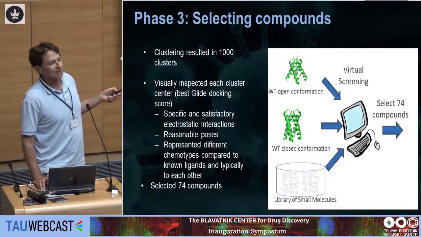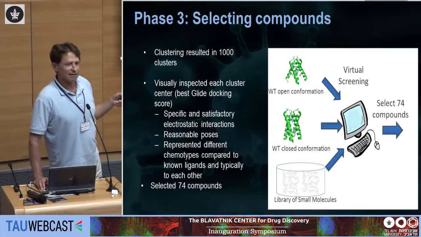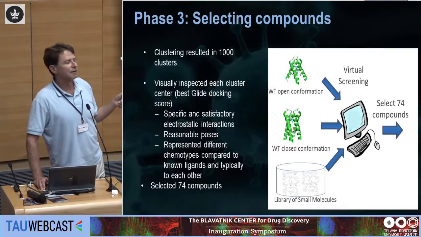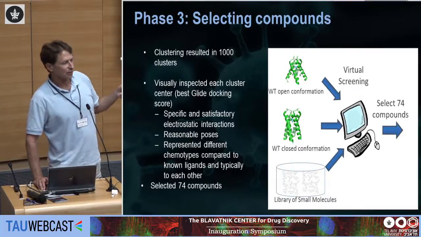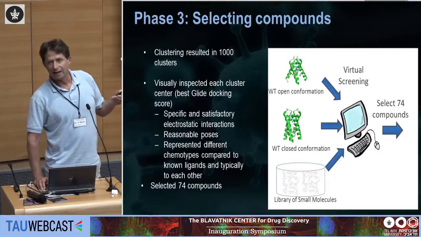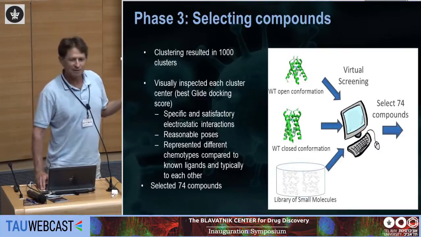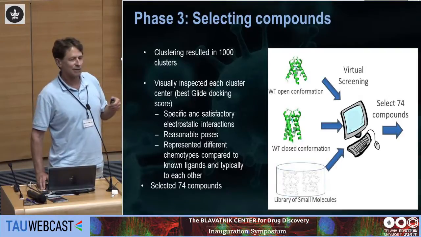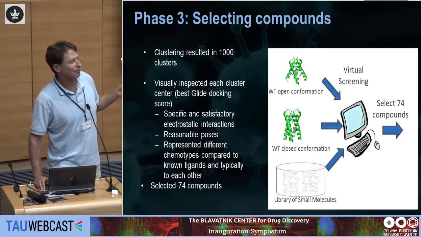Now, coming out with the 74 is very challenging. So for that, she looked at the results and clustered them into thousands of different clusters with chemical similarity, and she looked at the representative docking complex of each of the clusters. I don't know how many of you looked at complexes, but it's very, very tiring to look at thousands of such complexes.